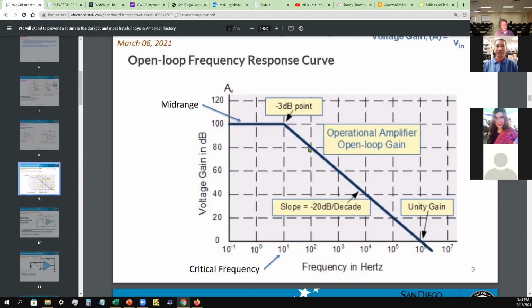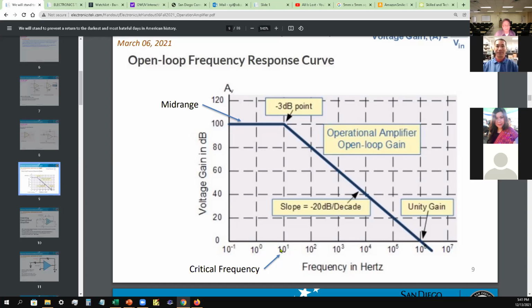Nothing to do with the sub or noise or whatever. Who cares? So that's why when you see this picture, try to understand: for the big open loop gain, you get a bandwidth of 10 hertz.